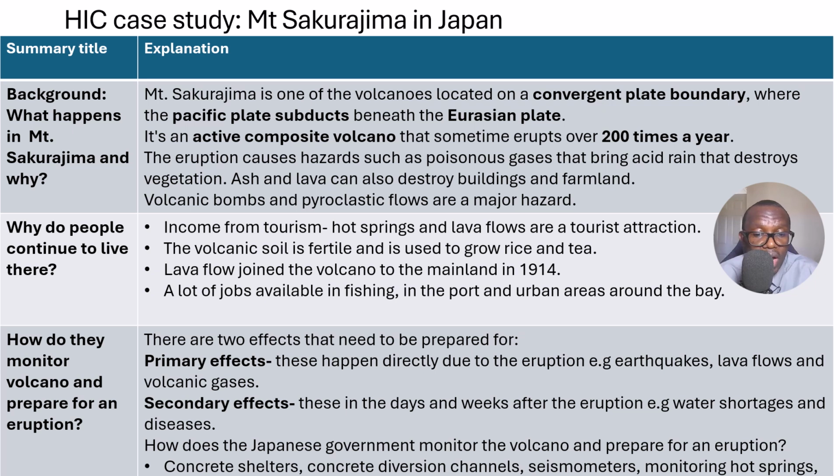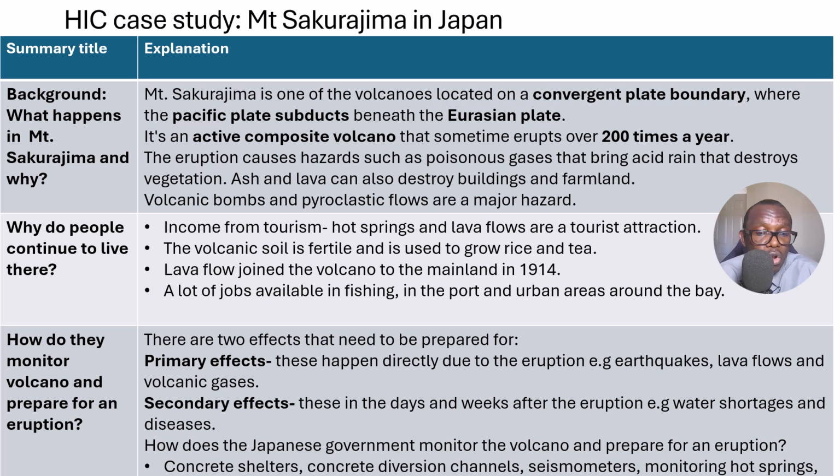Then we also have the fact that the soil here again is fertile and is used to grow rice and tea. Then next, the lava flow joined the volcano to the mainland. Initially there was water in between the volcano and the mainland, but the lava flow over time has joined that volcano to the mainland, and that happened in 1914.